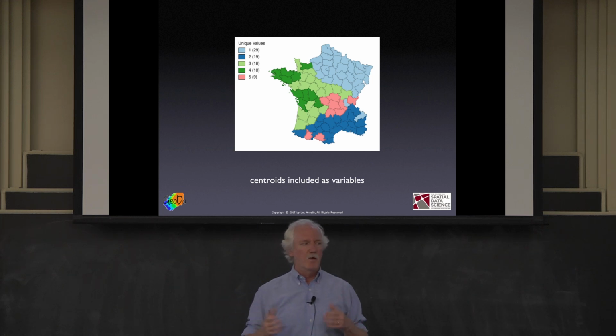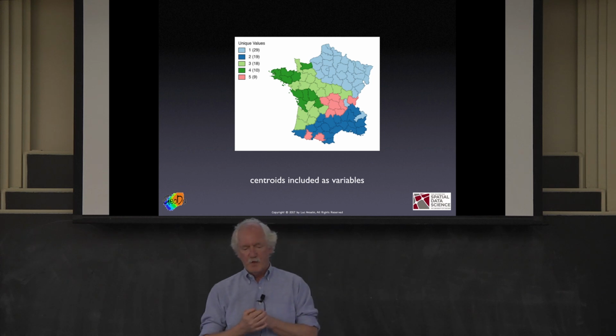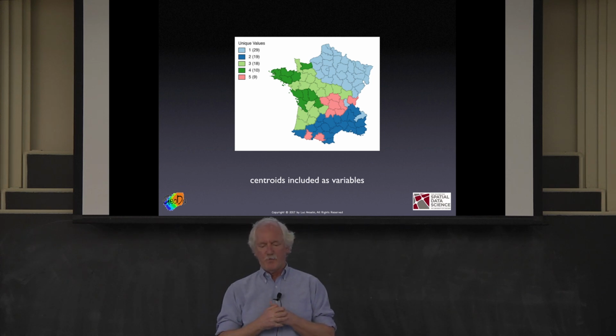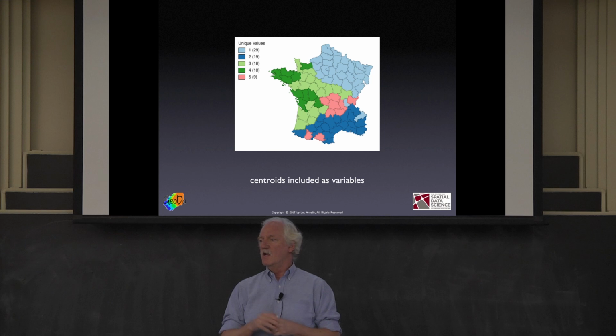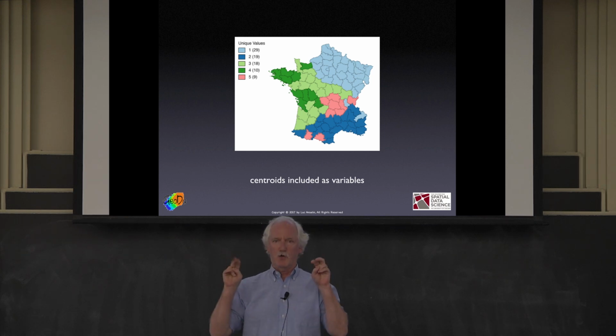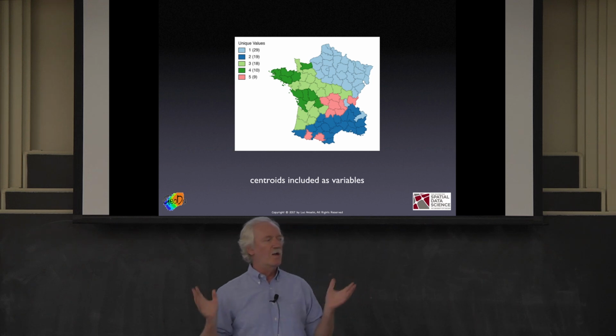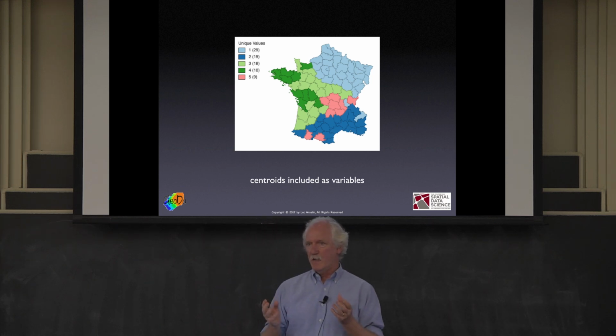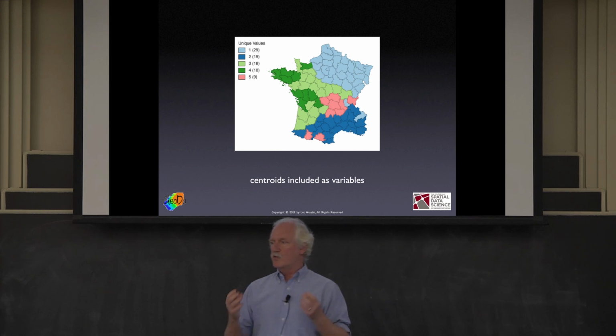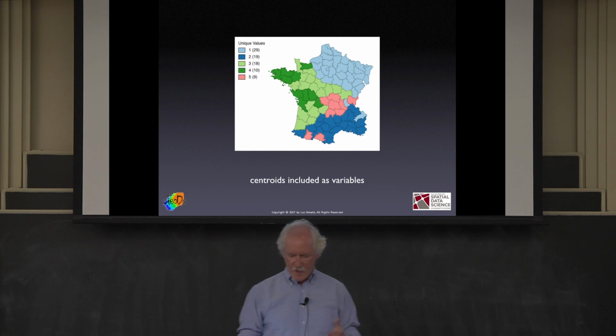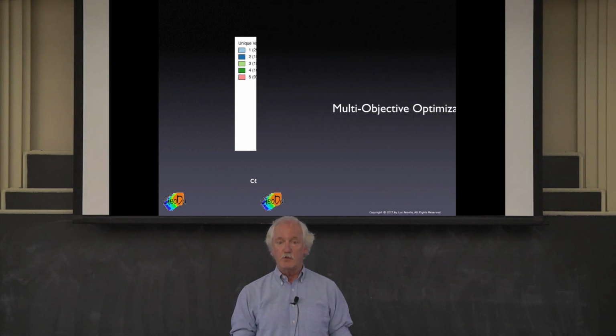It's actually kind of amusing to me when you talk about this with non-spatial machine learners. This is their favorite solution to the problem. Just throw in x and y, and it'll be fine. Well, no, it's not. It's not enough. It pulls a little bit, but you don't know how much you need to pull to get it to be contiguous. And so that's what we're going to do here.